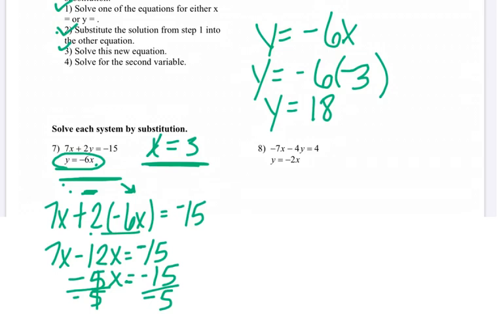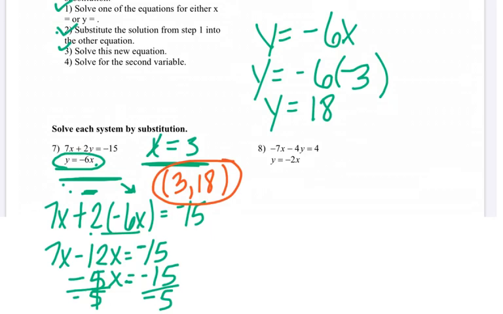So our solution to number 7 would be the ordered pair 3, 18. Because our x value is 3, our y value was 18. And remember, if we graphed them, our solution was an ordered pair where our lines intersected. So this is why our solution here is also an ordered pair.